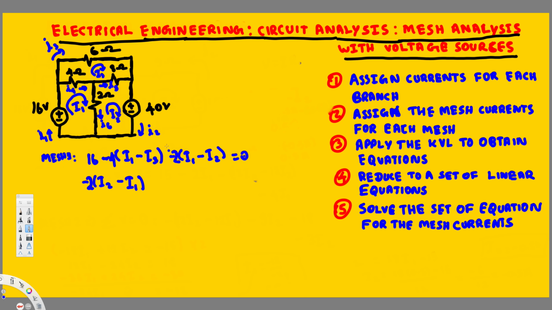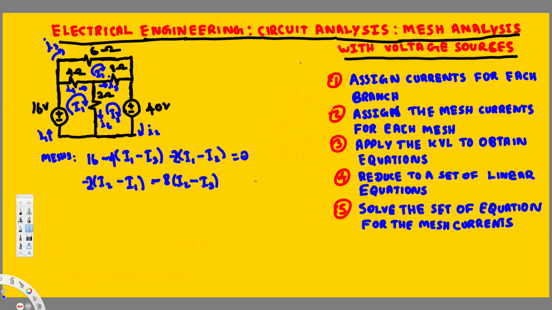Then it goes through this 8 ohm, along the 8 ohm, so this is going to be minus 8 I2, and I3 is going opposite to I2, so that's going to be positive. Here we put negative, so that makes this one positive. Negative, negative, positive. So we put I3 right here.